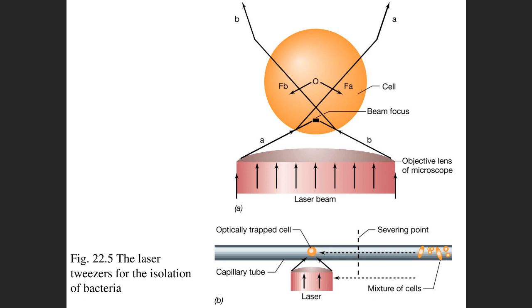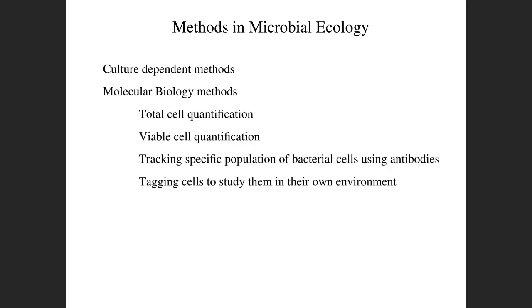Physicists told us that they can do it, and they've demonstrated. And so then if you move that over here and then you cut it here, so now you just isolated the bacteria. Right? So that's a physical method of isolating. So those are the culture-dependent methods to isolate and then count the bacteria.